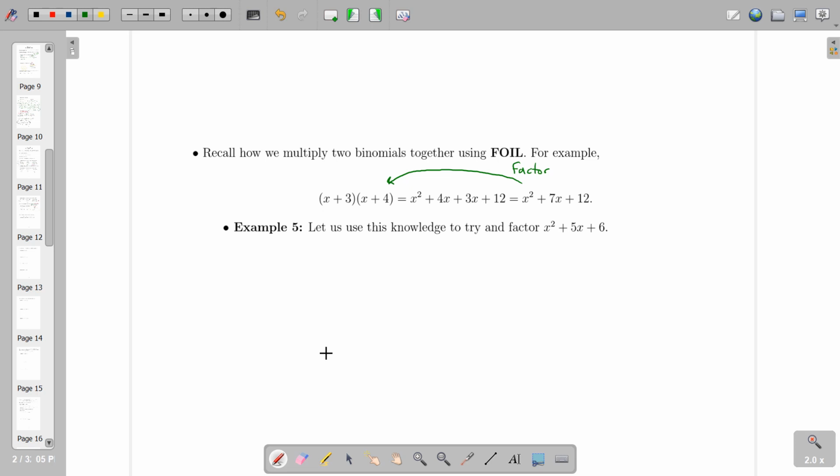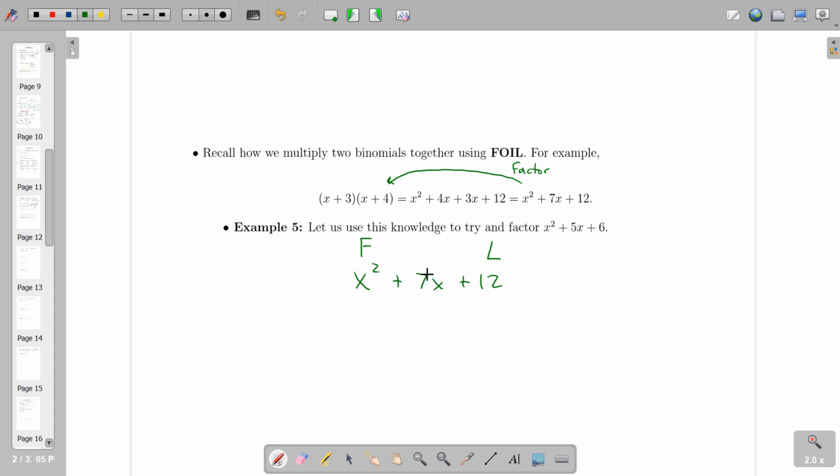All right, so what we want to do to factor something like this is we want to remember how you multiply it out. In other words, let's take x squared, 7x, and 12, and let's remember where these different parts came from. So remember that x squared came from the first times the first. 12 came from the last times the last.